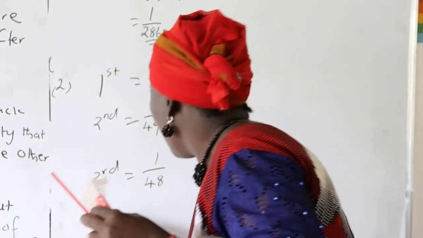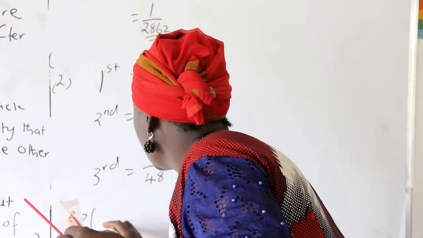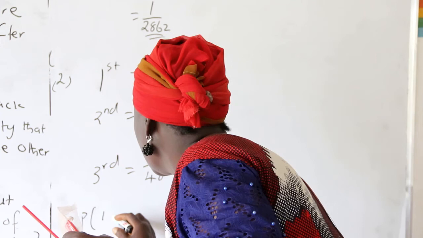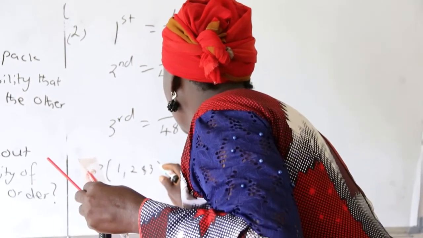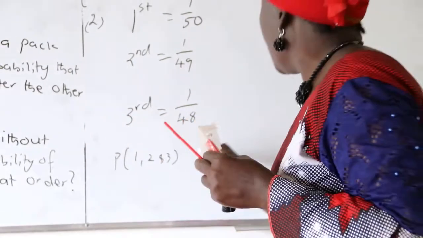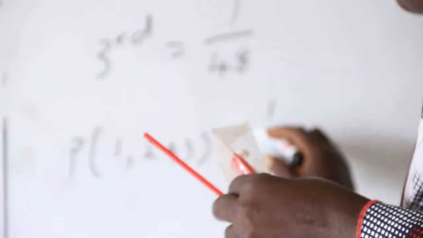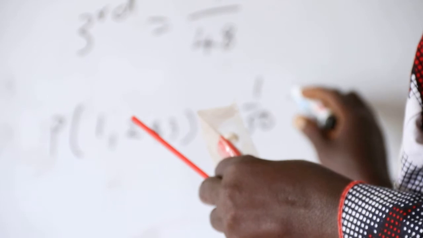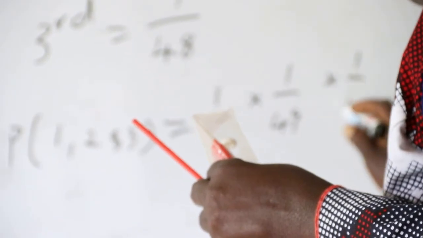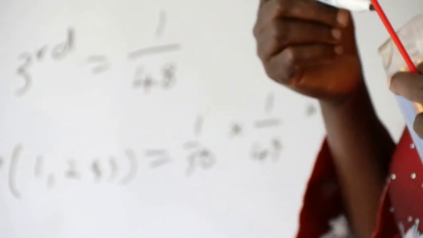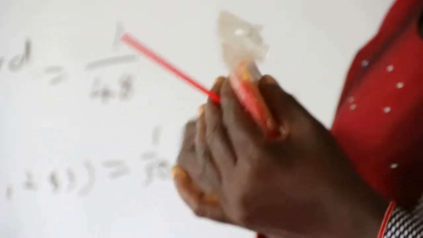So the probability of picking first, second, and third without replacement will be 1 over 50 times 1 over 49 times 1 over 48. That will give you your probability of picking 3 sticks without replacement.